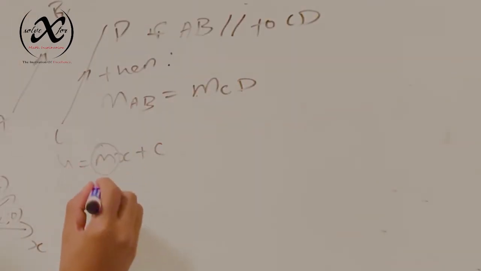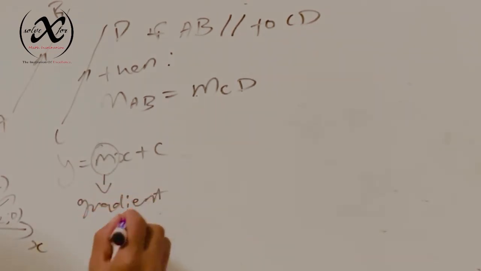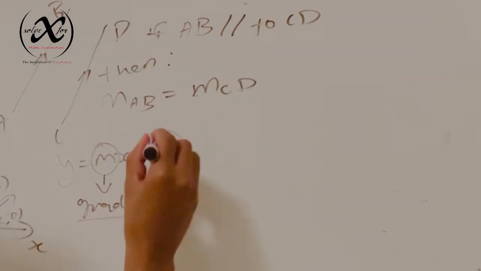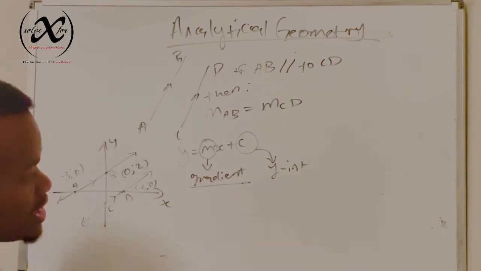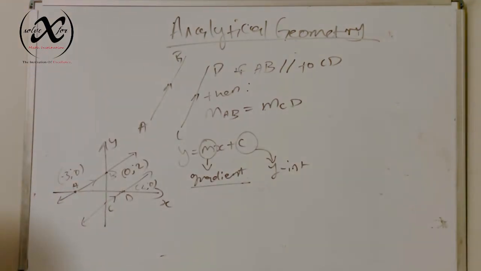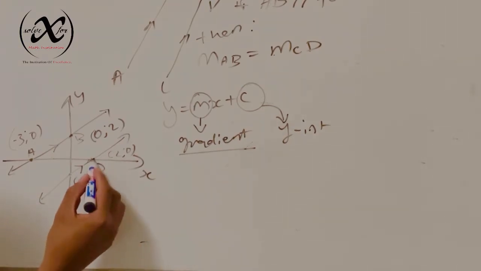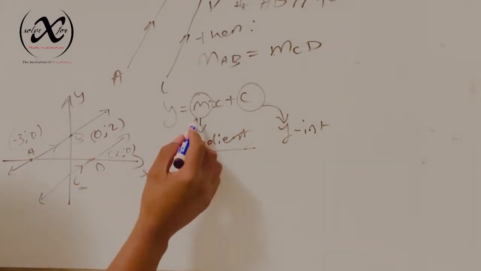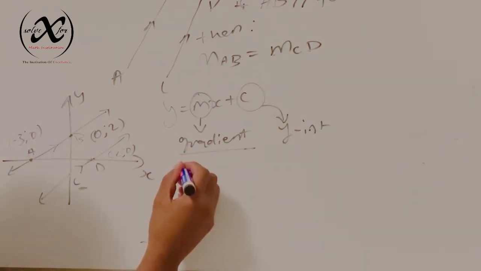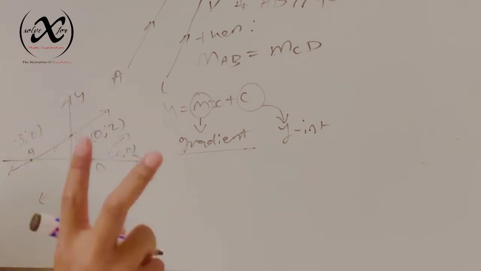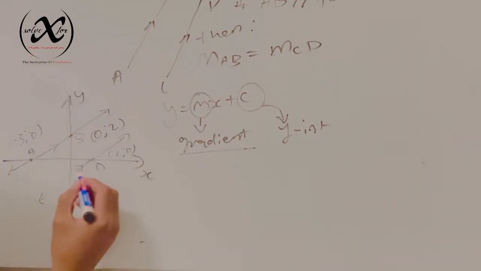Firstly, you need the gradient. This m is for gradient. You need the gradient and you need the y-intercept, because c is the y-intercept. You are not given the coordinates of c, and you are only given one coordinate. The gradient is the gradient of a line between 2 points, so that means you need 2 points.